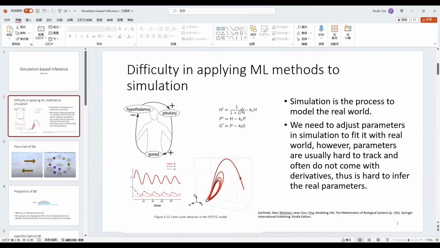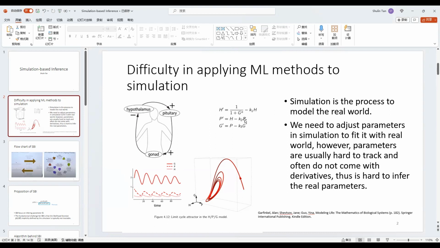This is usually a very painful moment, because you may need to try lots of parameters. And in this case, where you have three different hormones all interplaying with each other, your task becomes harder.